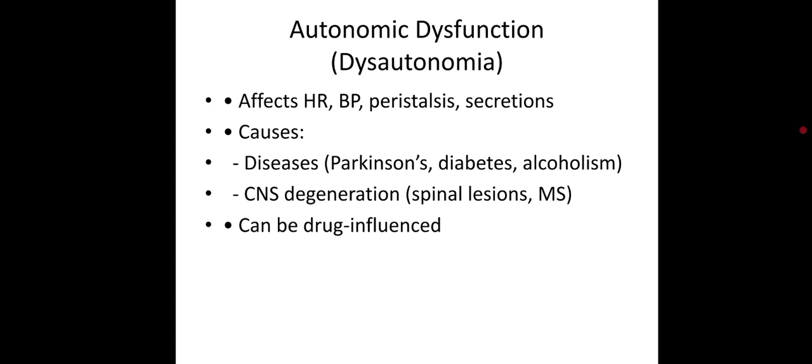While in case of diabetes, if there is no action of acetylcholine or the epinephrine, majorly epinephrine, on the beta cells, what will happen? There will be no release of insulin, and that will lead to diabetes. Alcoholism. In alcoholism, there will be depression of the autonomic nervous system.